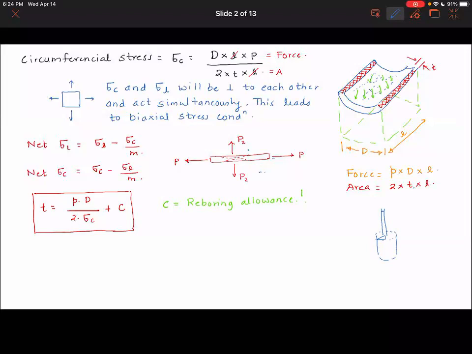In other words, they bore the inside diameter of the cylinder. And what is the purpose of this reboring? Because of reboring, the surface is smoothened out, and then they replace the piston and the piston rings, and your cylinder piston assembly is as good as new.